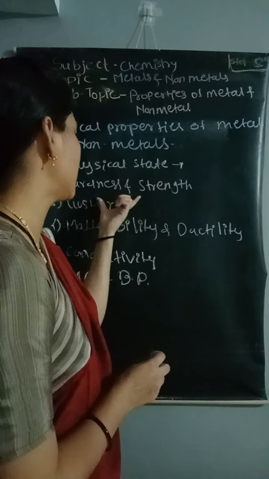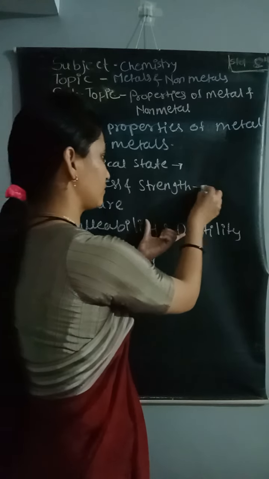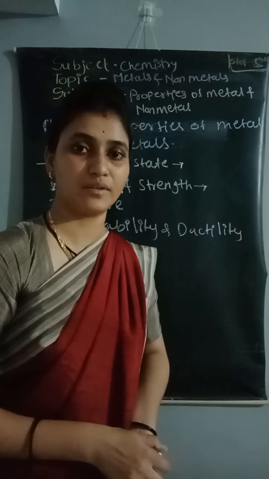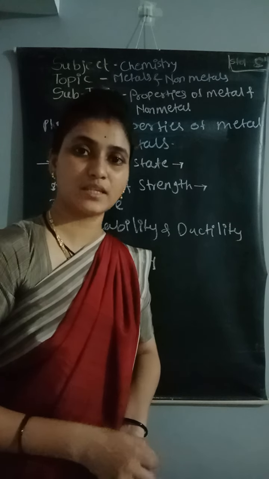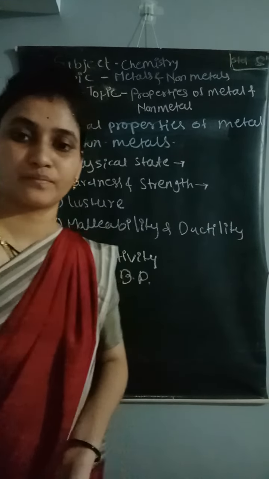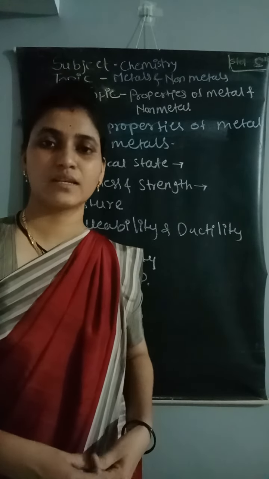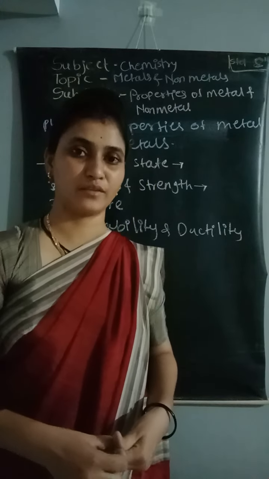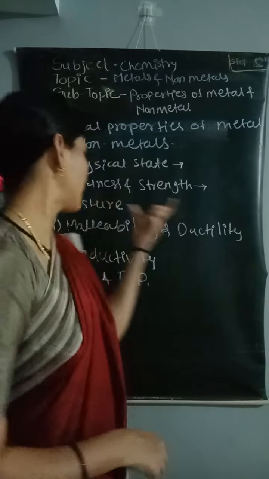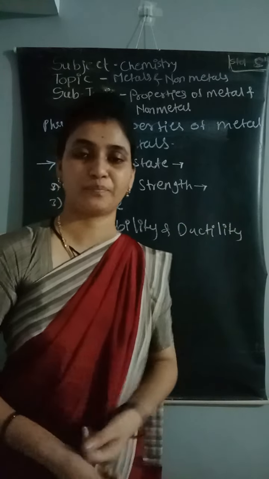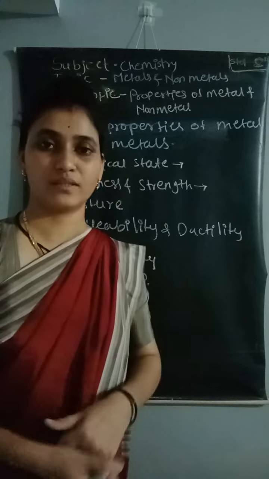Next, we will see hardness and strength. Normally, metals are hard and have strength, but the exceptions are sodium and potassium. We can cut them by a knife. After that, non-metals.